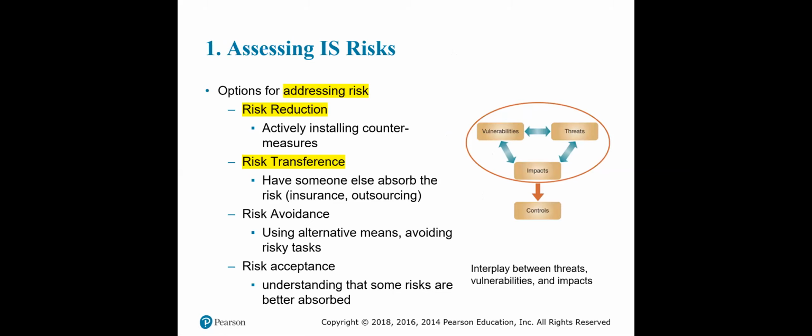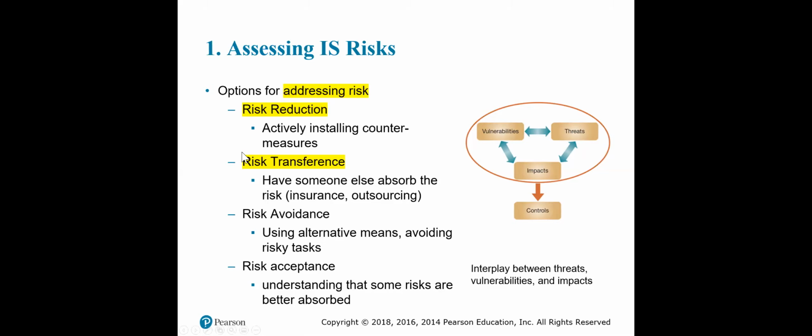IS resources face risk, and these risks are handled by businesses using four strategies, either individually or together. The first, risk reduction, is when we take steps to reduce the likelihood of an event or the consequences of it. For example, installing antivirus software reduces the chance of getting infected, right?